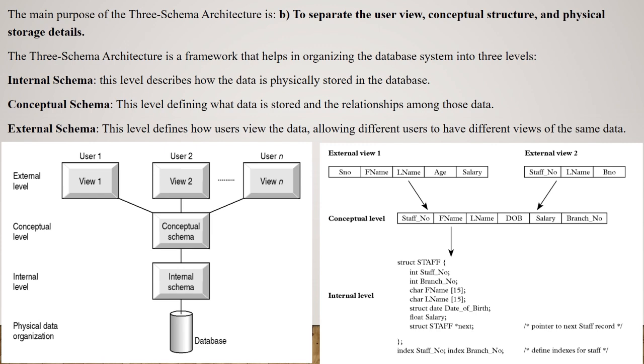This is the conceptual schema. This is the whole schema. But from this, in the external schema, user one may view some of the data, and then user two may view other data.